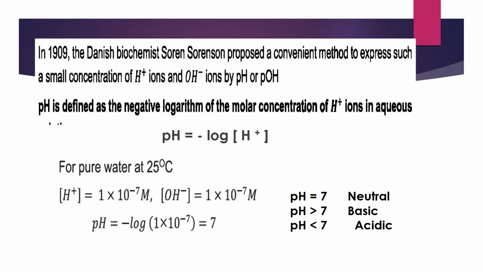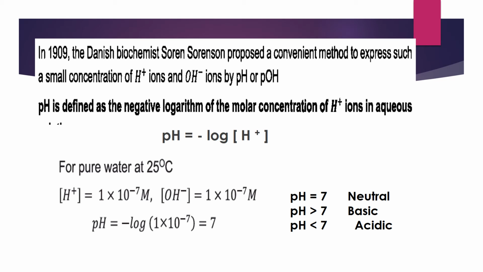It is actually the negative logarithm of the molar concentration of hydrogen ions in aqueous solutions. It means when we take the negative log of the hydrogen ion concentration, it equals the pH of the solution.